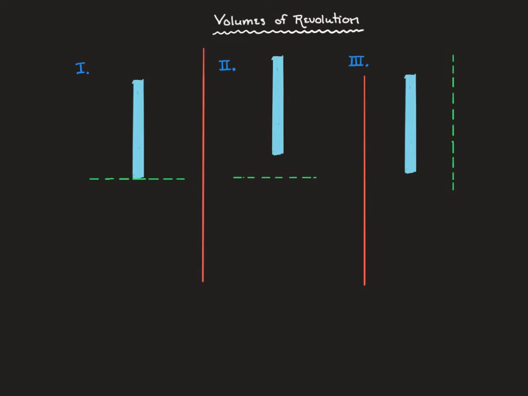When you rotate a rectangle about a line either perpendicular or parallel to it, there are really only 3 different cases that you need to consider. Suppose, for instance, that we rotate this rectangle about a line perpendicular to it and right at its base.